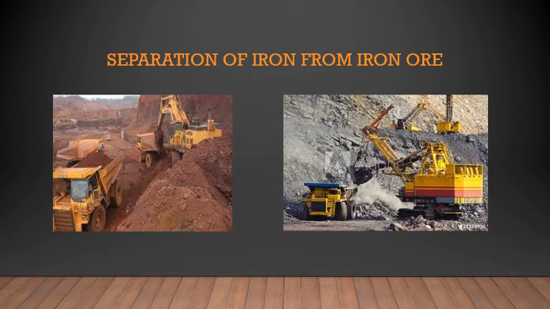Not only iron, there are other mining places also, like mining for aluminium, gold, and silver. All the metals that we use in our life are extracted from the earth itself.